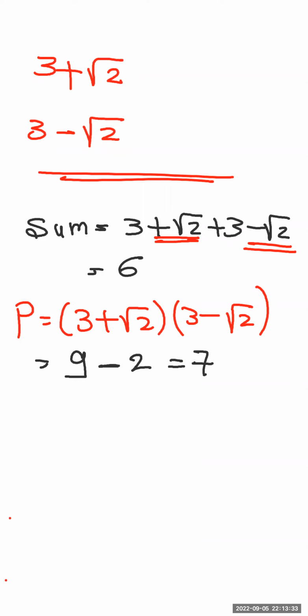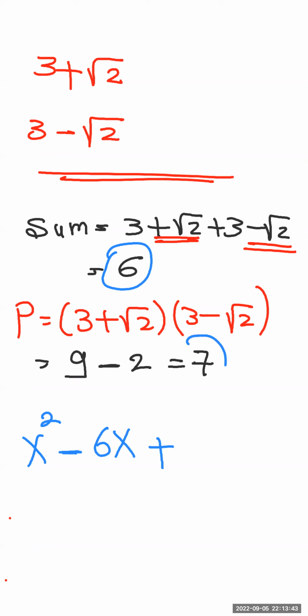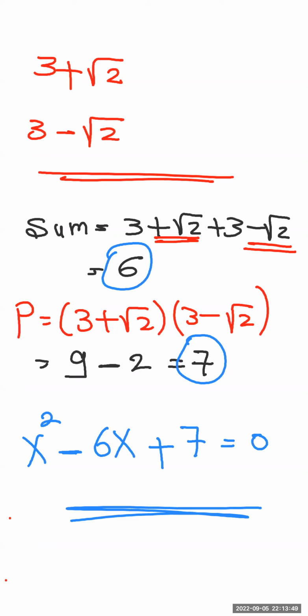Now, the equation: x squared minus sum 6x plus product 7 equals 0. That's it. Okay. Any questions? Any questions? No, thank you. Okay, great.